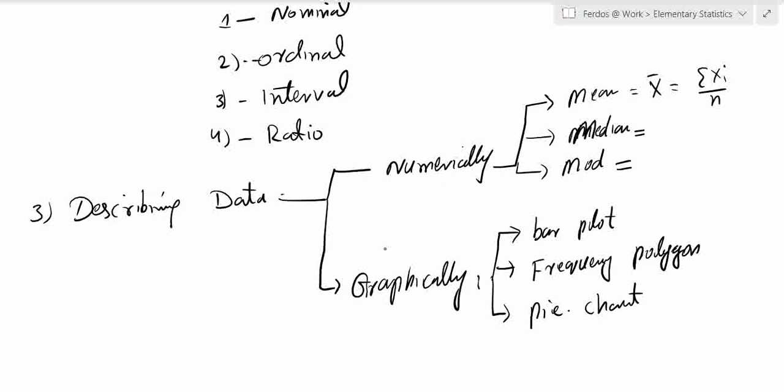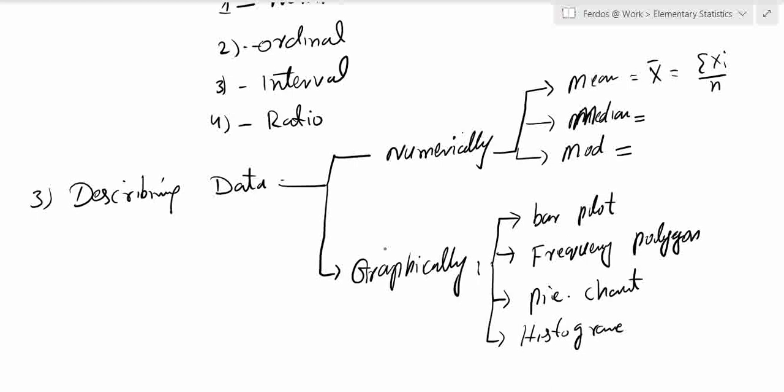You can say histogram as well. So you can describe the data numerically as well as graphically by using different techniques. These are a few ones. There are many more.